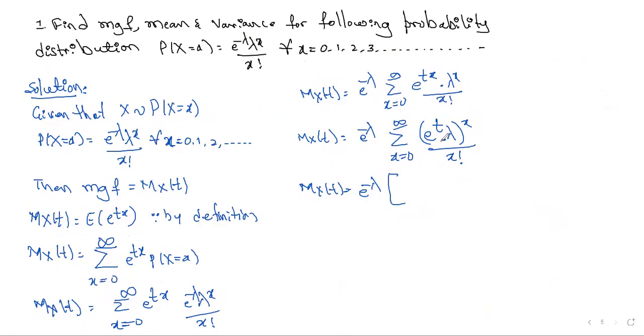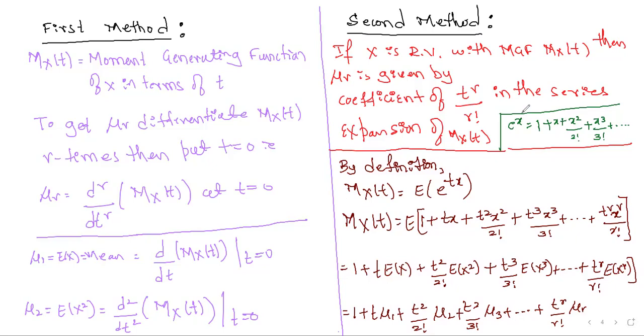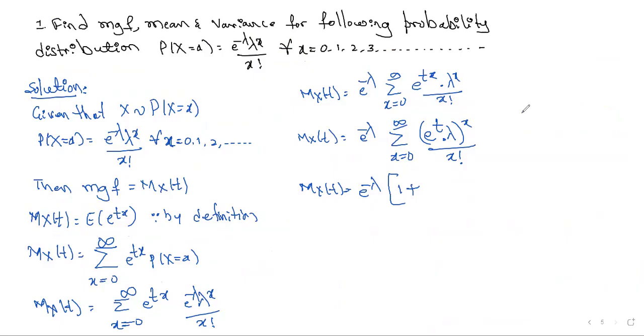So this expression will be 1 as it is, plus lambda into e power t, plus lambda into e power t whole square divided by 2 factorial, plus lambda into e power t whole cube divided by 3 factorial, and so on.